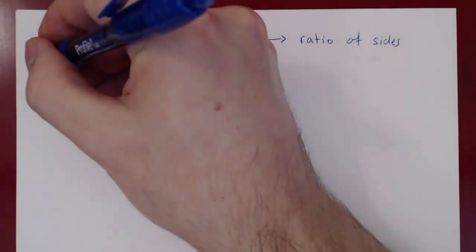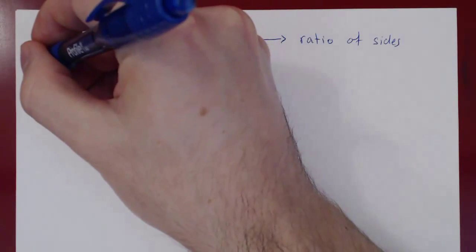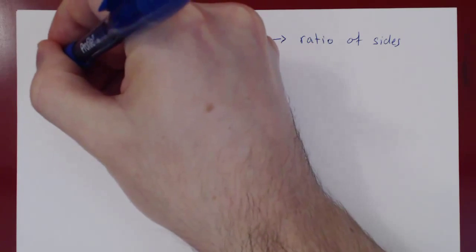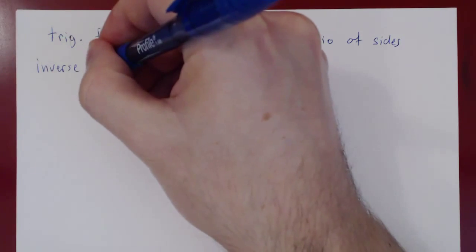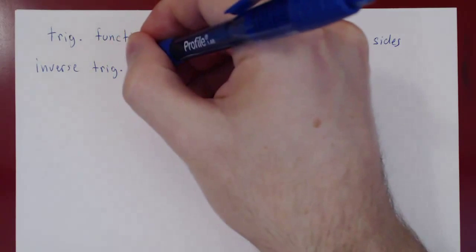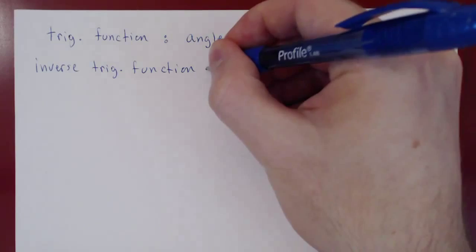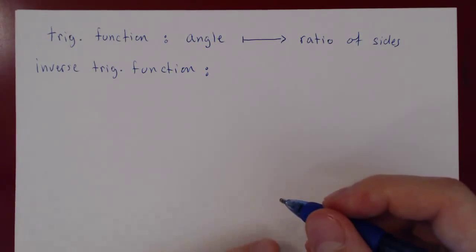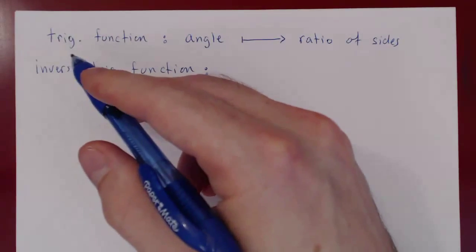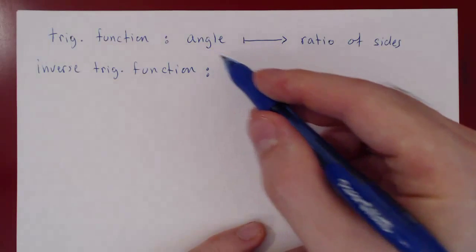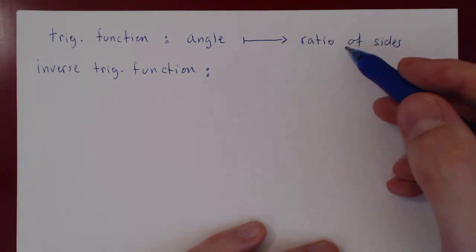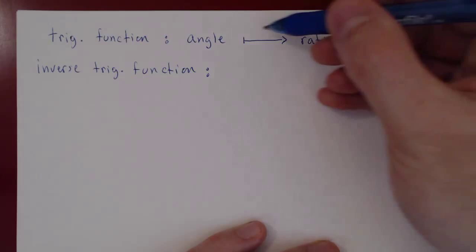So of course the inverse trig function does the opposite, right? So if a trigonometric function takes an angle as its argument and returns a ratio of sides, the inverse function will do the opposite.